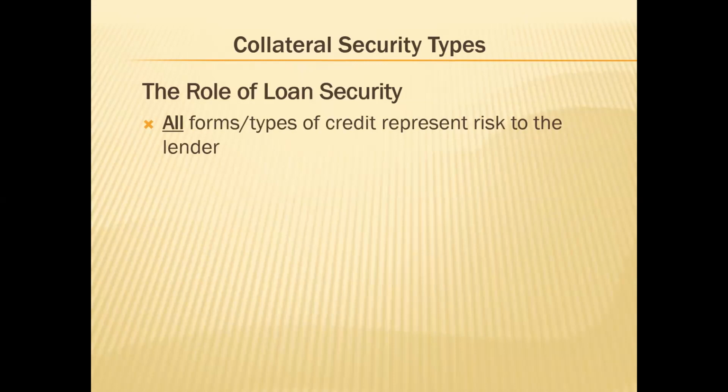Every type of facility your financial institution has, consumer loan, credit card, overdraft, business loan, mortgages, whatever it is, represents risk to the lender, the financial institution, or the bank.